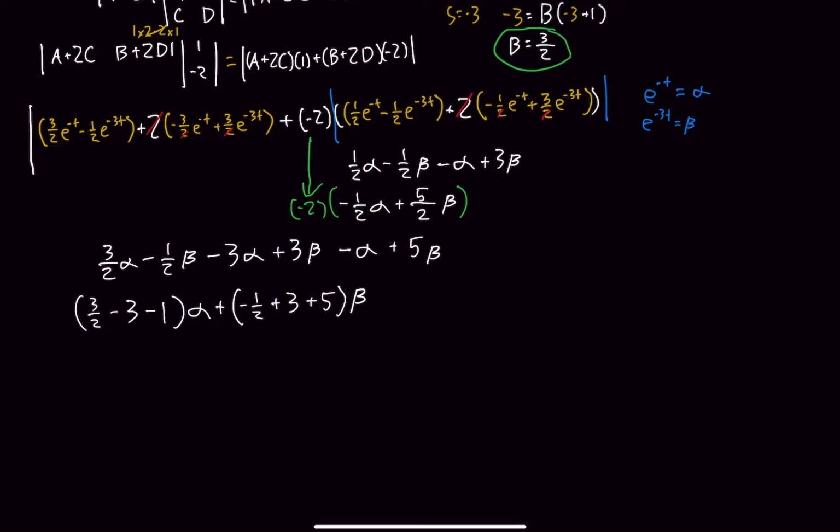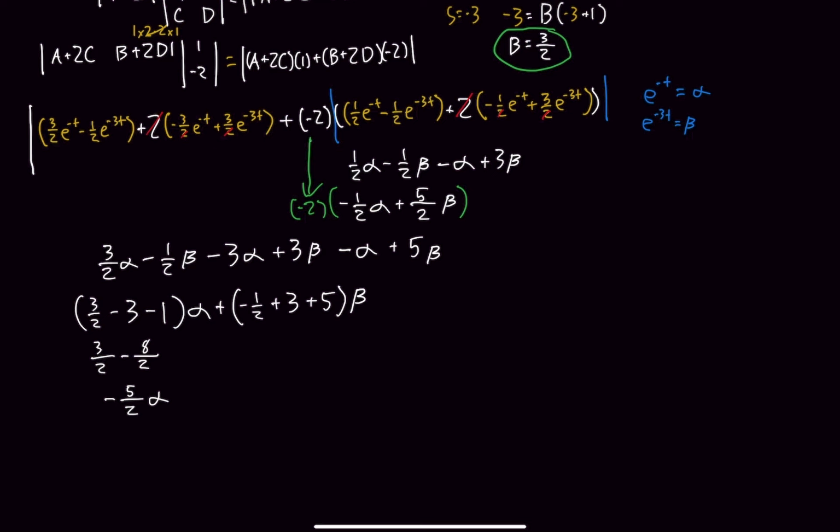So the alpha term is 3/2 minus 8/2, which gets us negative 5/2 alpha.